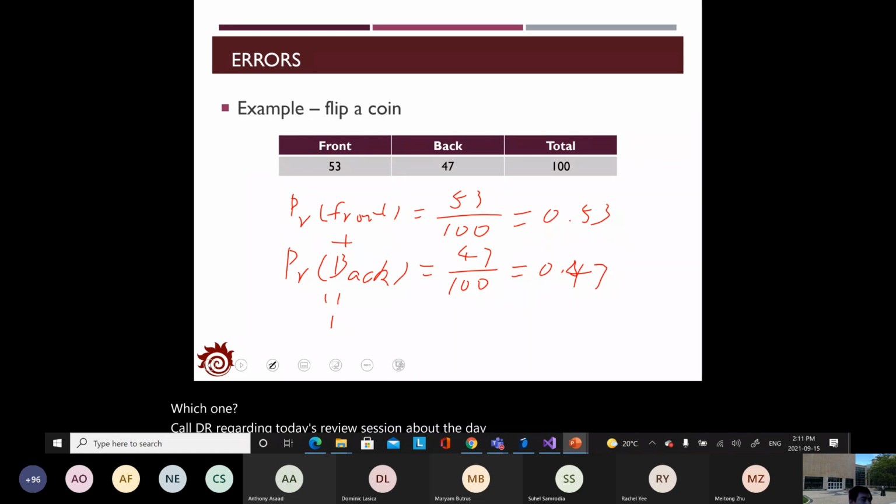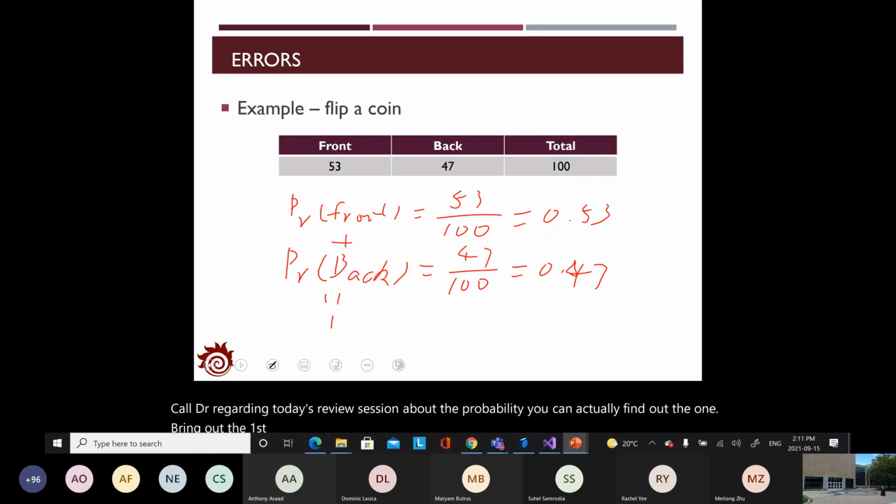Let me bring out the first lecture. In the first lecture, the first textbook, Surveying Theory and Practice.